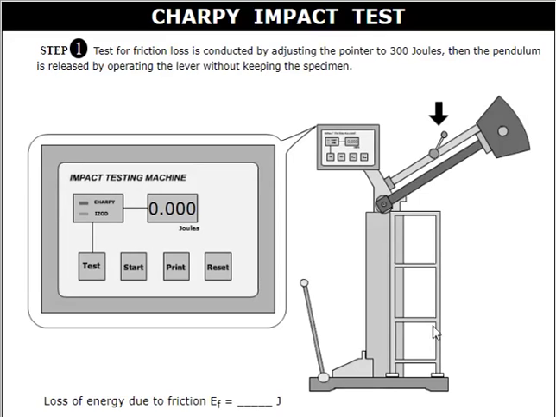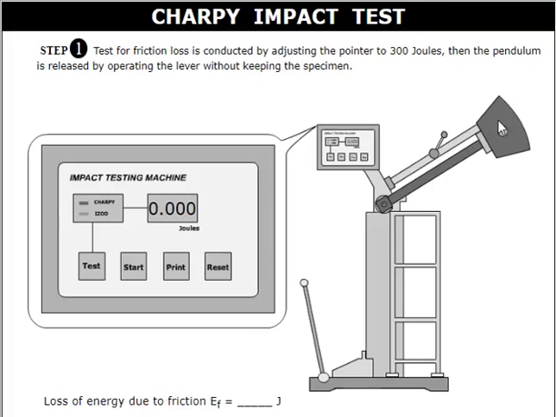Here no specimen is attached on the anvil, and we have to measure the loss of energy due to friction only. You can observe the display unit, which gives the energy due to the striking or due to the friction.